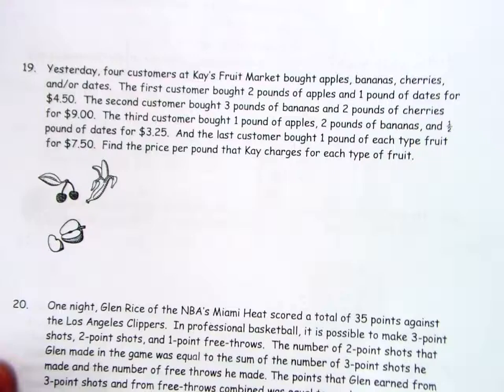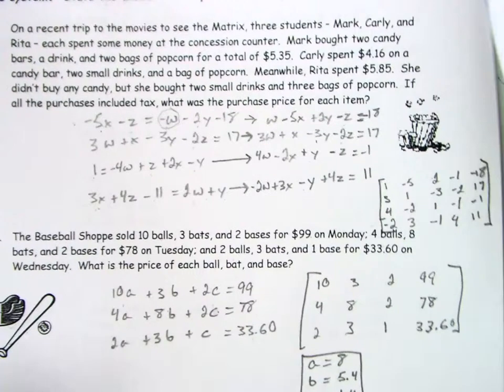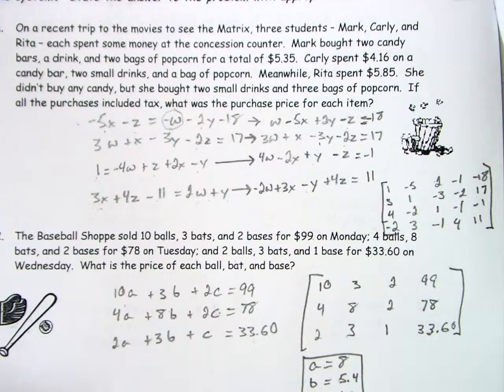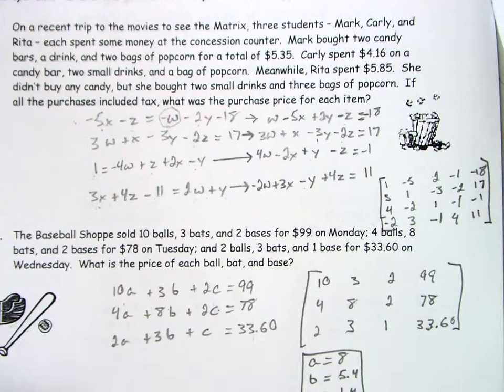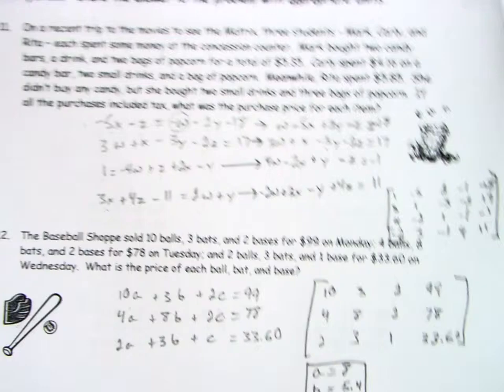Well, there are my three equations. So my matrix looks like 1, 1, 1, 6, 1, 0, negative 1, 1, negative 1, negative 1, 1, 0.